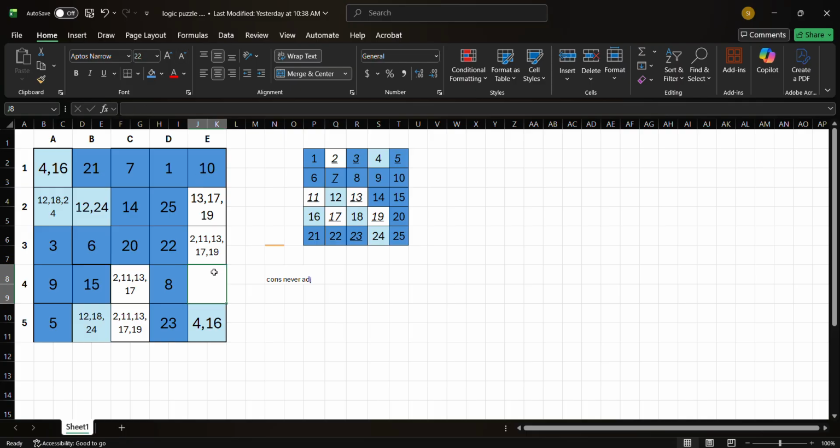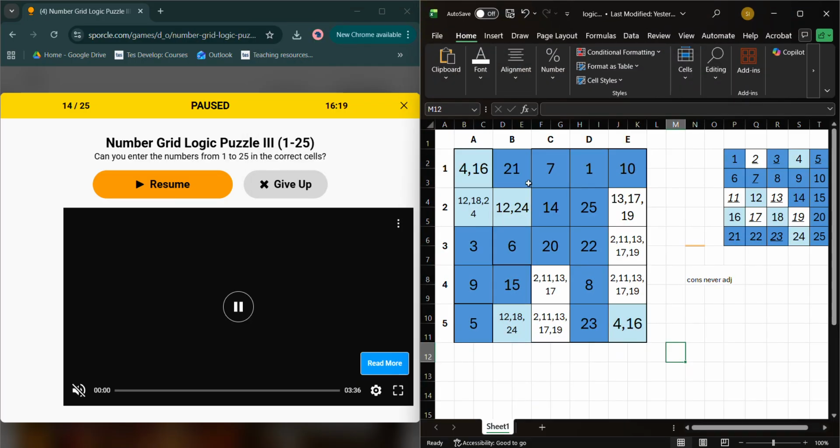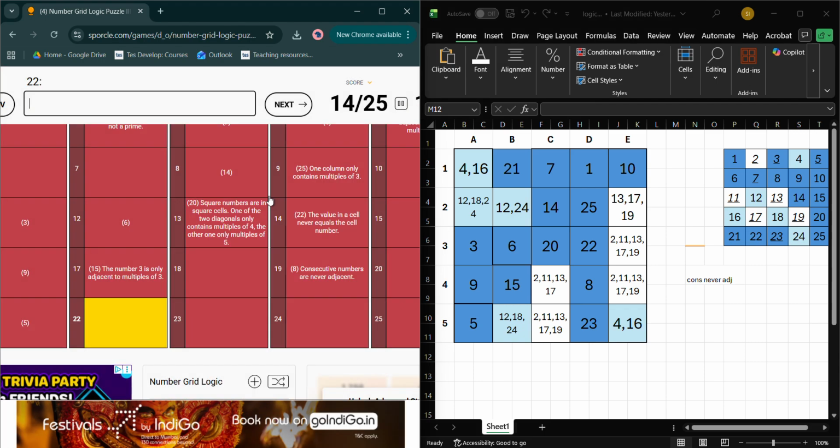And the last one, 2, 11, 13, 17, and 19. I think it could be any of them. So now we've technically done all of them. They could all be blue. It's kind of no point because they're all done. But there we go. That's all we've got. So what did we just put in that was new?